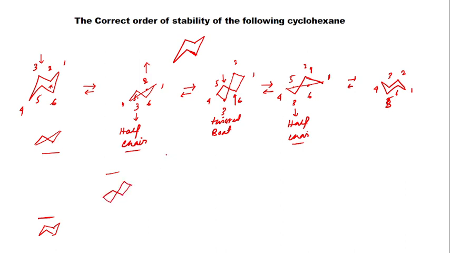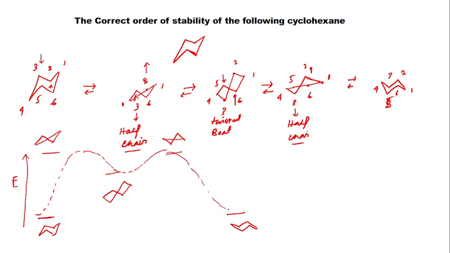Twisted boat. Again one half chair. This one, and again this is another conformation of chair. So here this axis is the energy axis, and this is the energy flow diagram.